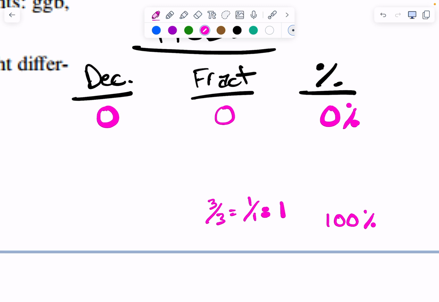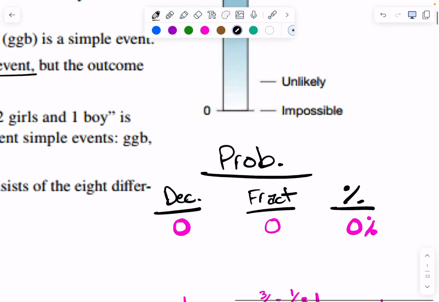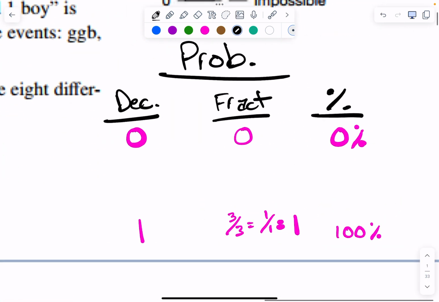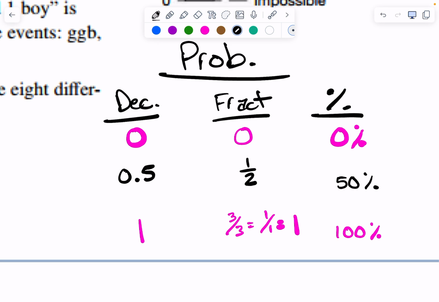Which is really just 1, right? What's 100% as a decimal? 1, right? Okay. They have another one on here that says a 50-50 chance. Means your probability is 50%, as a fraction 1/2, as a decimal 0.5, right? I don't care which one you choose, but that is that.